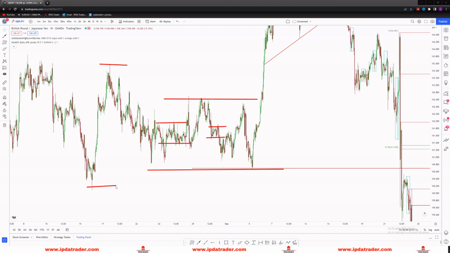You have to make a subjective decision and determine yourself which consolidation you're looking for the breakout. So I remember that specifically in this particular scenario, I was looking for a break of this consolidation over here, and we get that exactly over here.